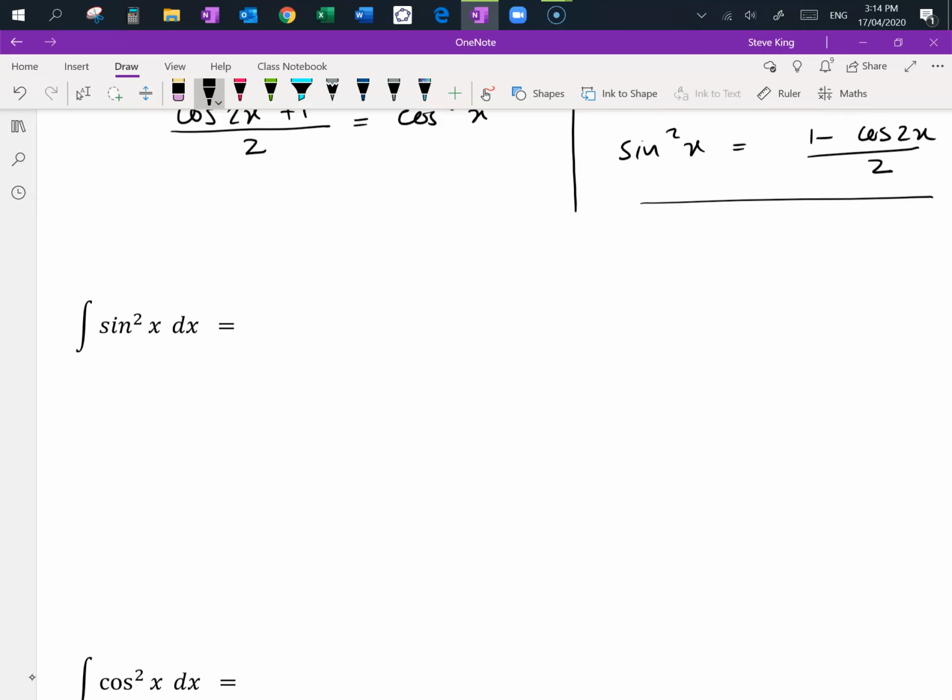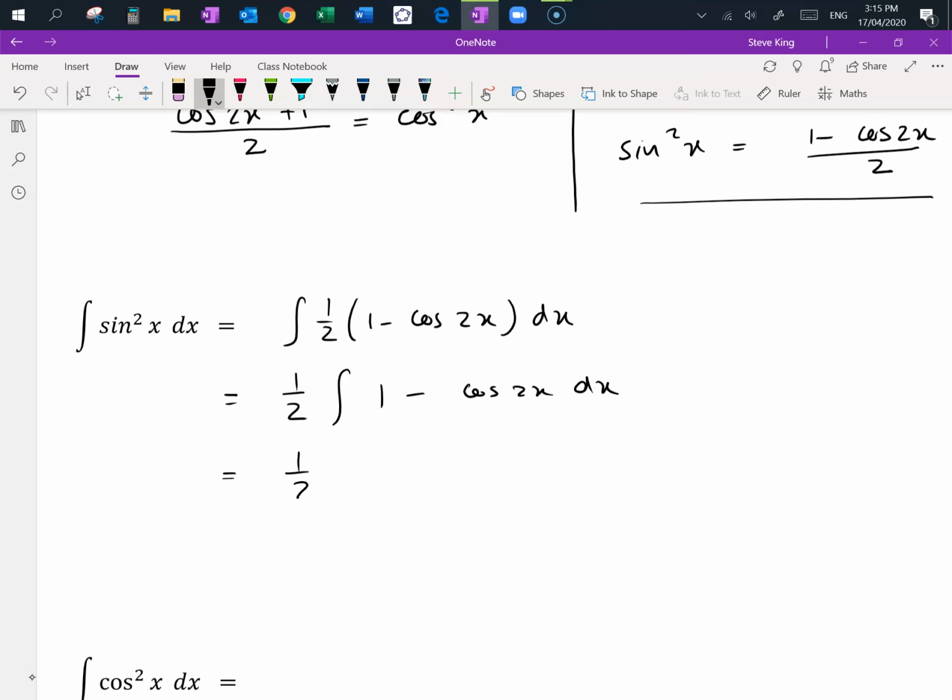Now, I've got a fraction there, all over 2. So I can rewrite this as the integral of a half times 1 minus cos 2x dx. I'm going to take that half out the front just to make things easy to work with. So I'm now going to look at the integral of 1 minus cos 2x dx.